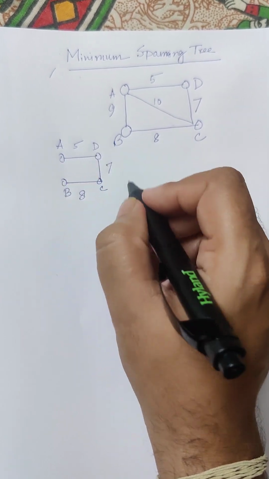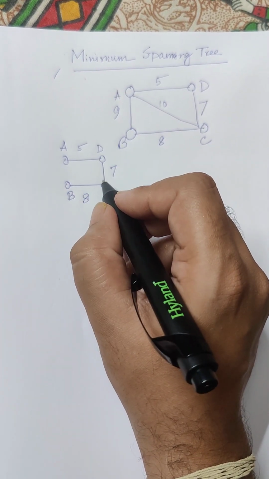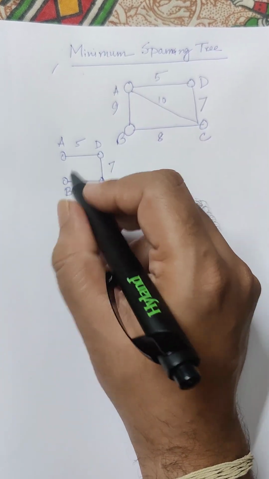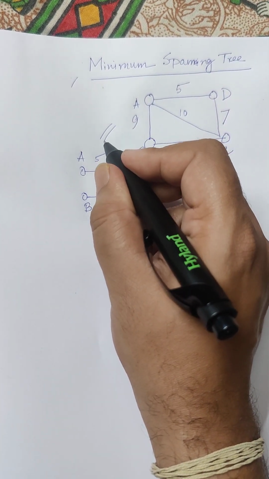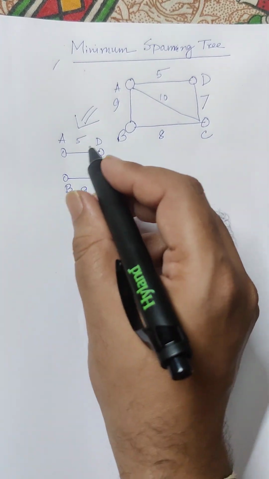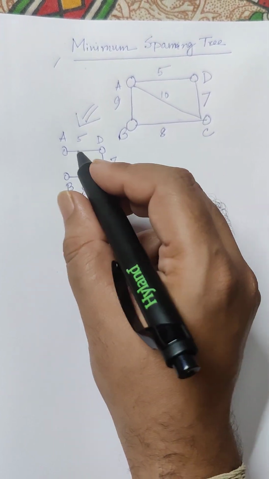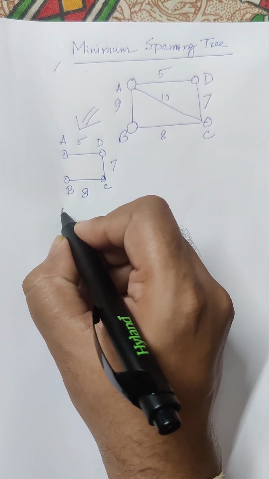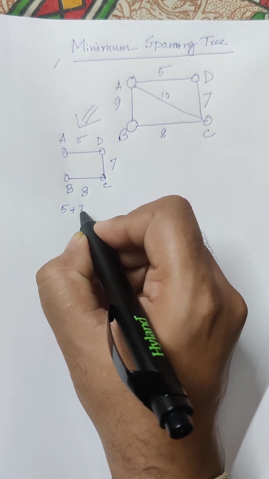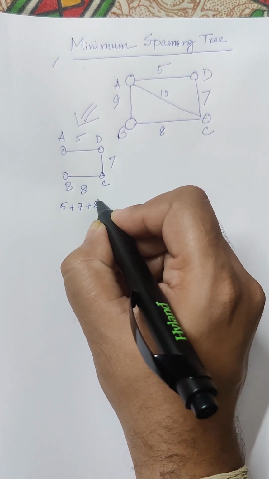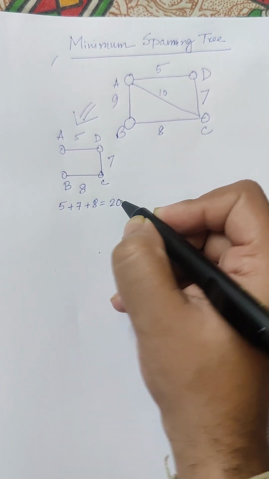So what is the amount you have covered through this arrangement? Through this arrangement, how much distance have you covered to make every station connected? That is nothing but 5 plus 7 plus 8, that is 20 units.